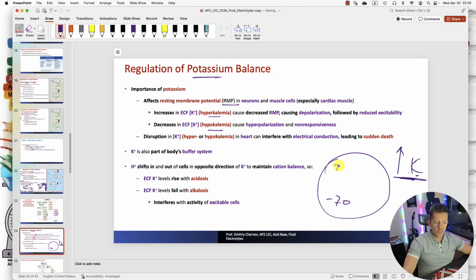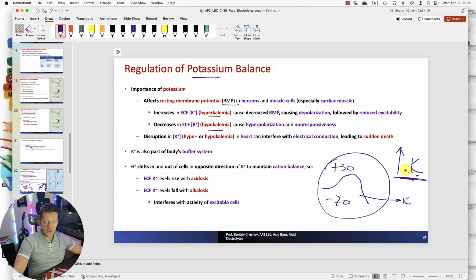So when you're at plus 30, when you just depolarized the membrane, you need to remove potassium so you can repolarize. But now the concentration changed. In extracellular fluid, you have high potassium. Where is this potassium going to go? It's going to go down its concentration gradient. It's going to go down into the cell.